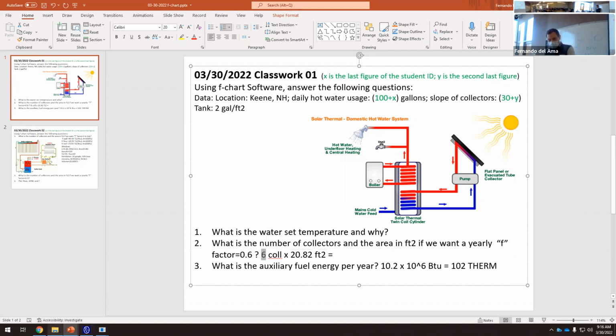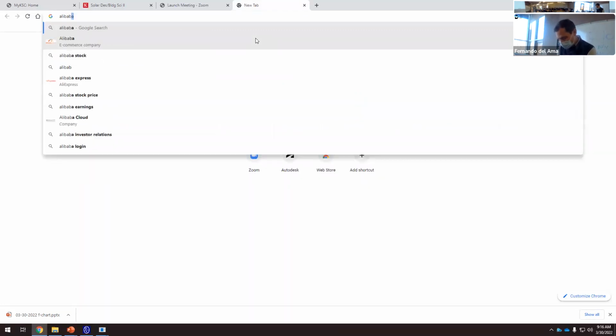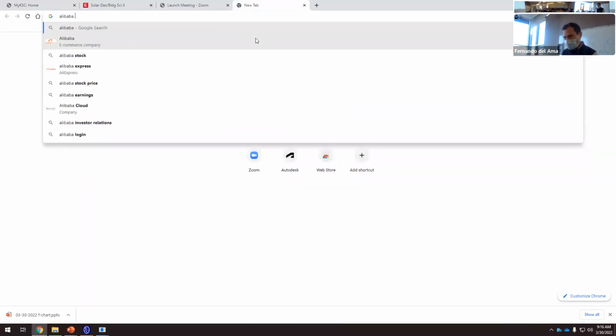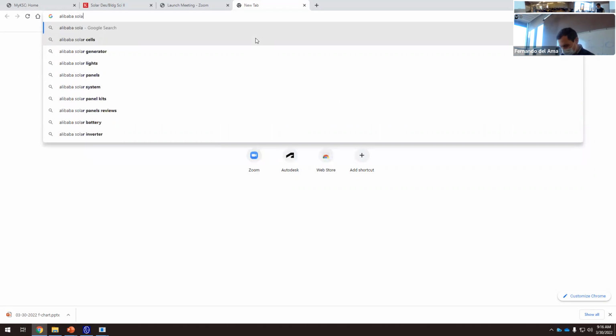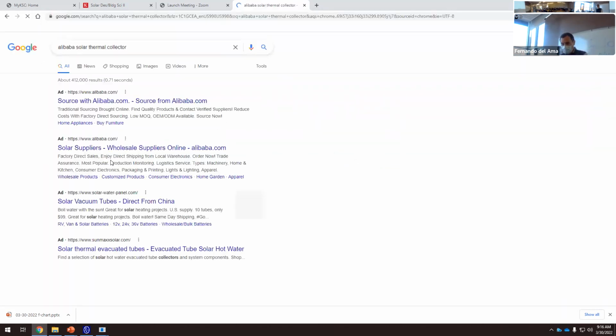What's the price of a solar collector? So let's go to my reference, my favorite page on Earth, which is Alibaba. And here we can search solar thermal collector.